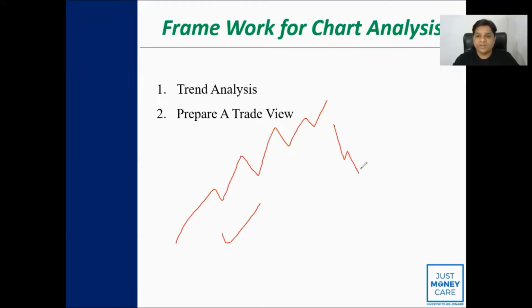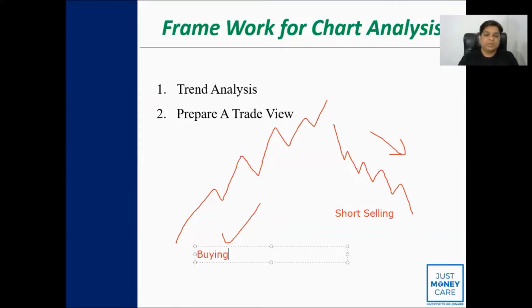Whenever the trend is downside, find opportunities for short selling. Always find shorting opportunities when the trend is down, and always buy when the trend is up. I hope the majority of the confusion has been cleared now. In an uptrend, find only opportunities for buying, and in a downtrend, always find opportunities for short selling.